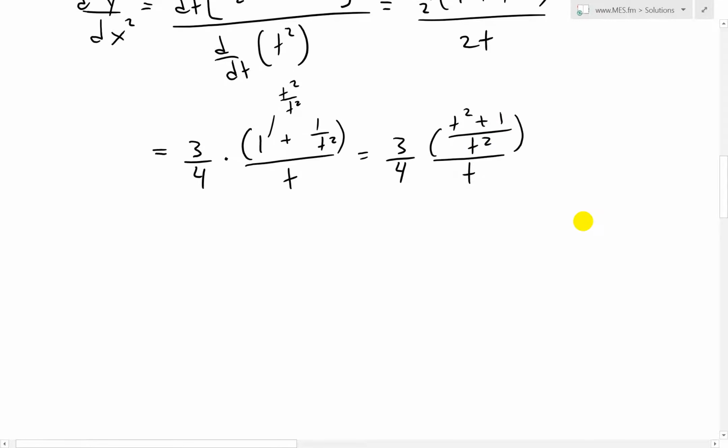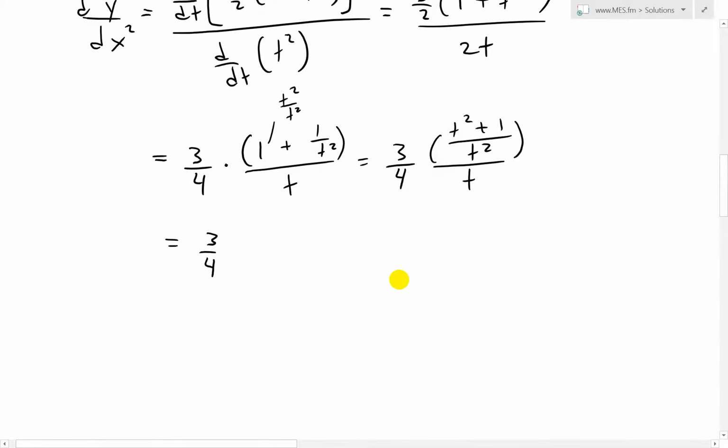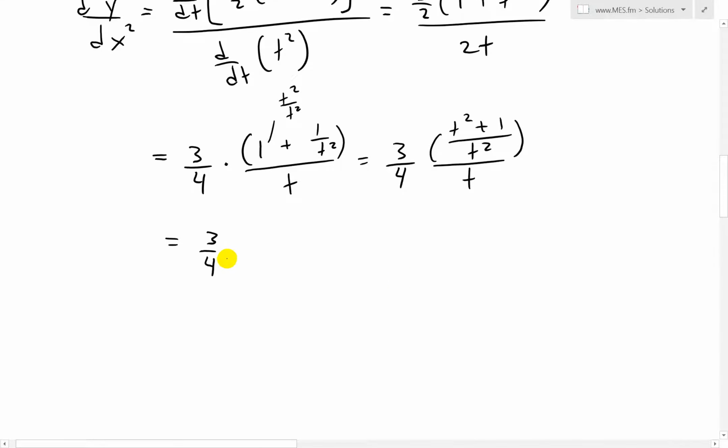And then we can combine this t with the t squared, so we finally get, and the reason we're simplifying is to make it easier to determine whether the second derivative is positive or negative, 3 over 4 times t squared plus 1 over t cubed, like that.